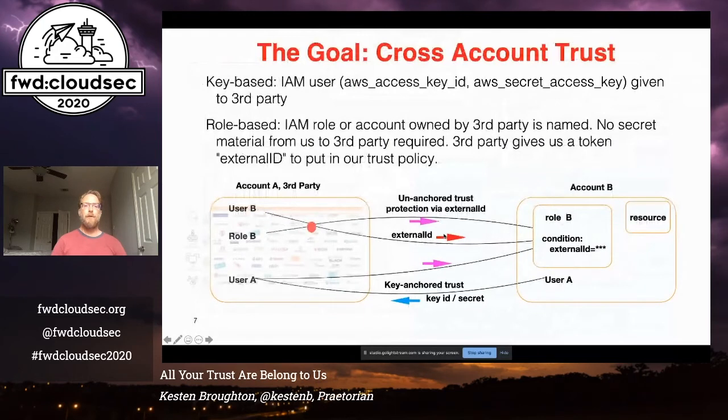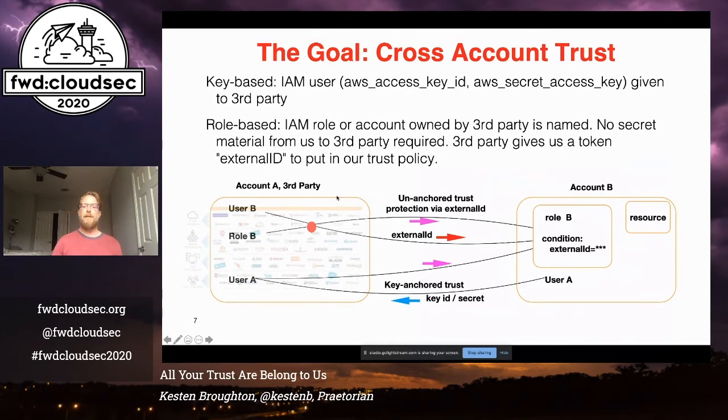Okay, so just to summarize again, the goal of the cross-account trust is to take your resources in account B over here on the right and to grant access into your account from some account A, some third-party account. The way that all clouds support, the key-based way, is to create a user account in account B and then pass that back over here and then have that access the resources.